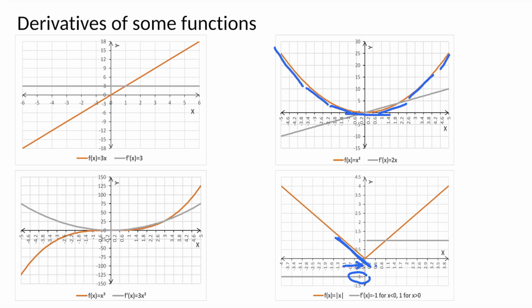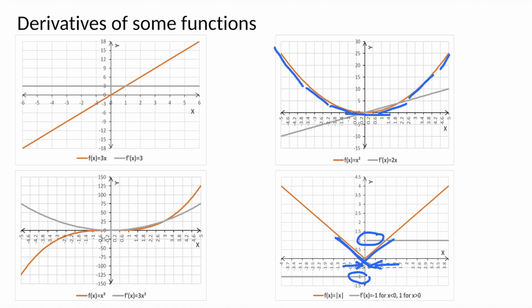What happens when you approach x equal to 0 from the right hand side? Well, then the derivative of the function takes a value +1, and that's the slope of the tangent to the orange curve as you approach x equal to 0 from the right hand side. So what we have here is two different slopes, two different values of derivative of f as we approach x equal to 0 from the left hand side and from the right hand side.